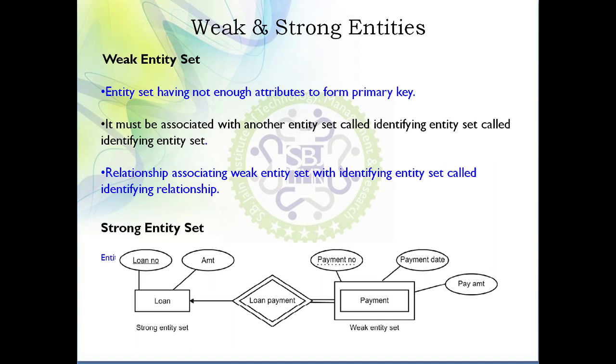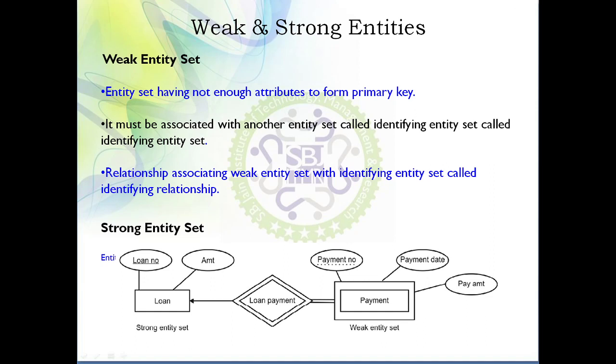So in that case, instead of paying it separately, what I have done is I have paid 15,000 collectively. That means one loan number is for the home loan and another is for the car loan. So for that total of 15,000 I have paid. So in that case for the home loan I have loan number 101, and for the car loan I have loan number 102.